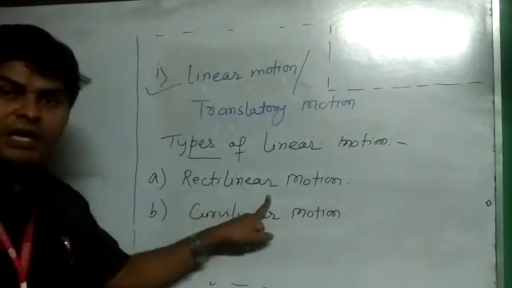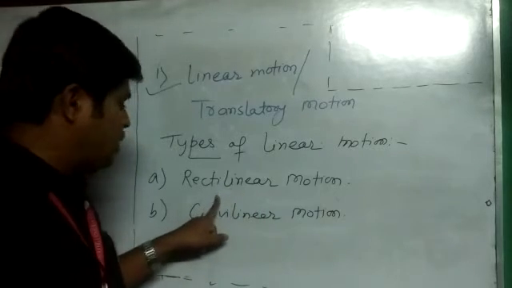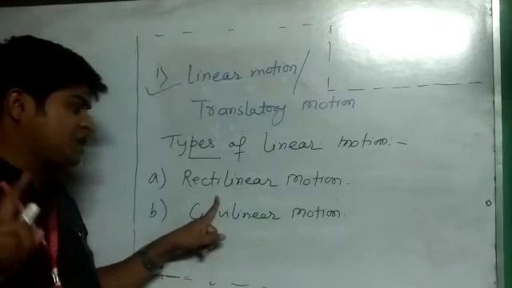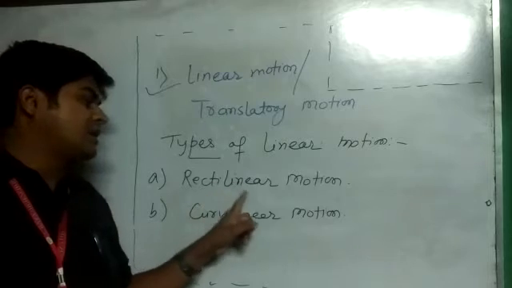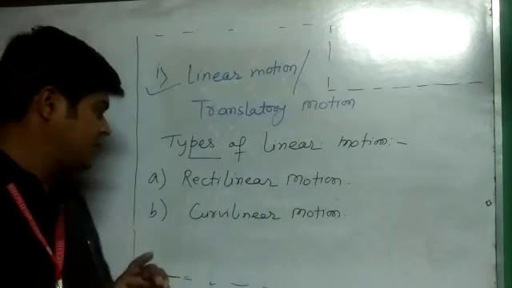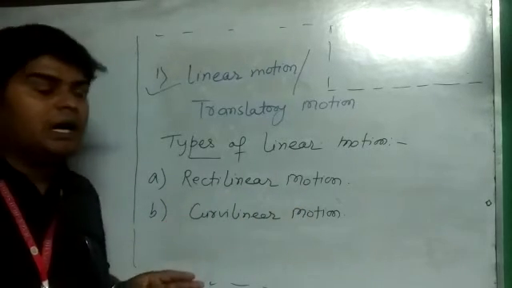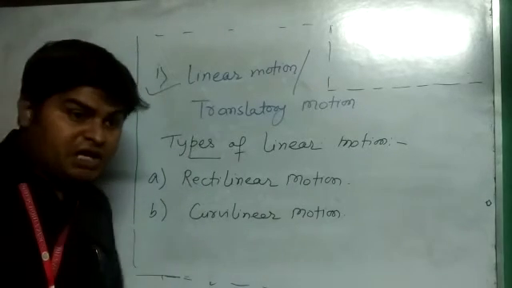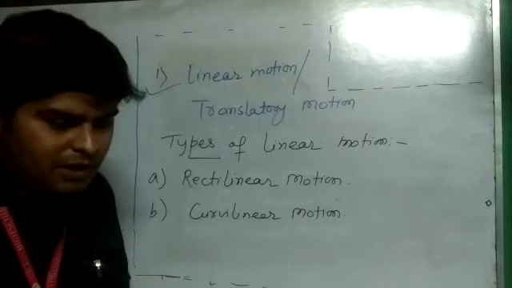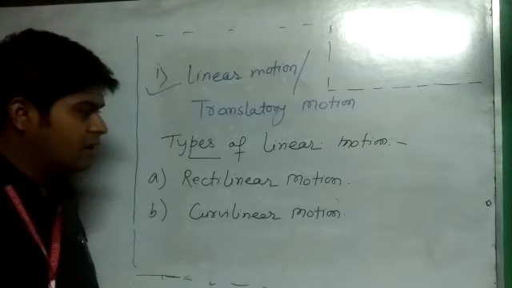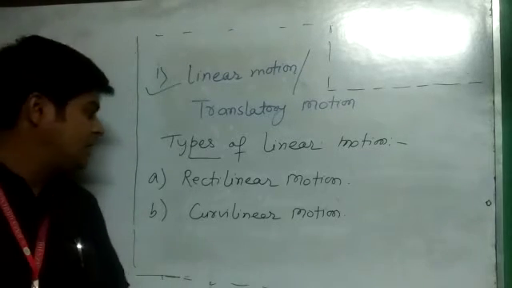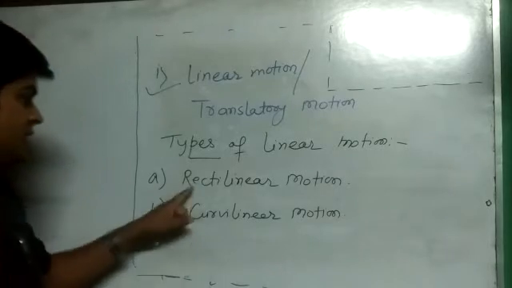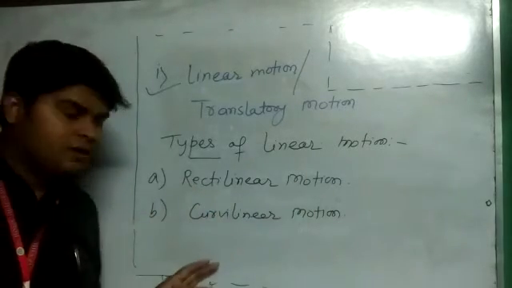The motion in which an object moves in a straight line is called rectilinear motion. Suppose an object moves in a straight line, for example a ball sliding on the surface in a straight path. It is an example of rectilinear motion.